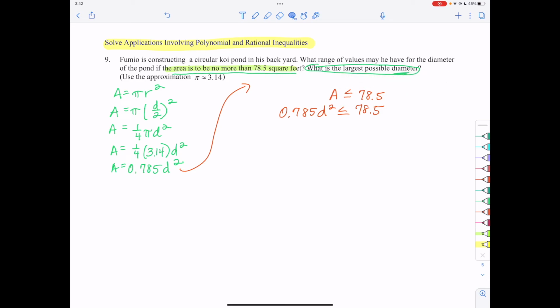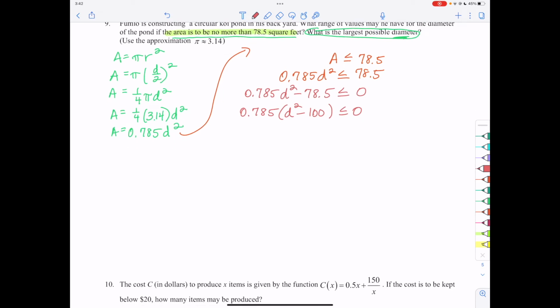So if I want to subtract 78.5 from both sides, and then factor out that 0.785, we get d squared minus 100, okay? And so now this is equal to d minus 10, d plus 10.